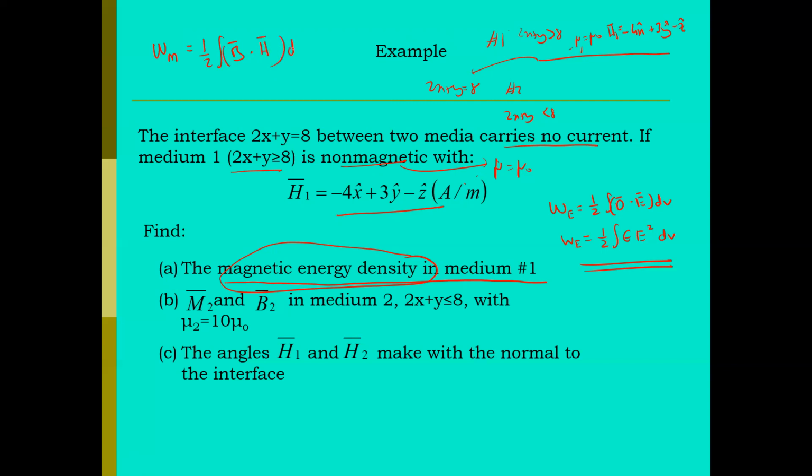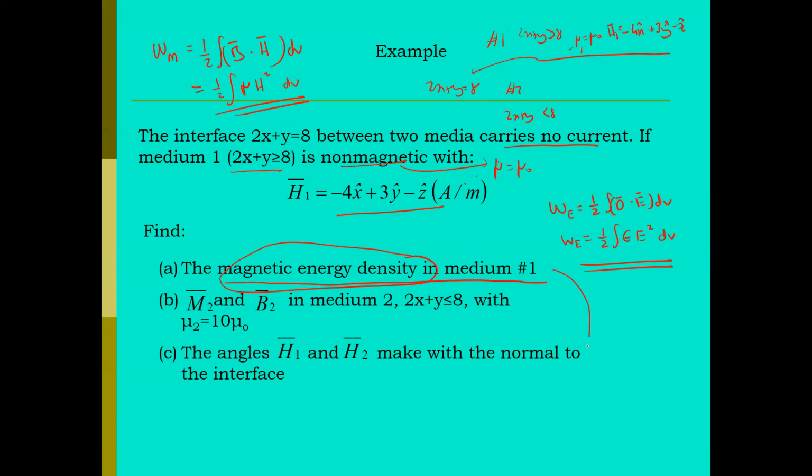So the magnetic energy is determined by the magnetic field itself, giving the equation half integration of mu H squared dV. As I mentioned, magnetic energy is determined by the magnetic field intensity. This equation will be used in calculating the magnetic energy density in medium number 1.